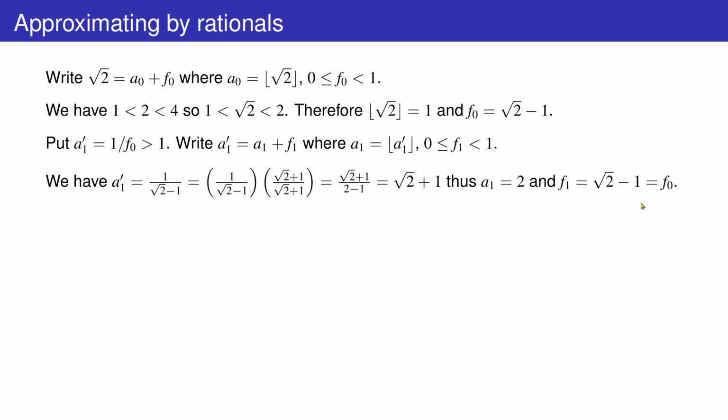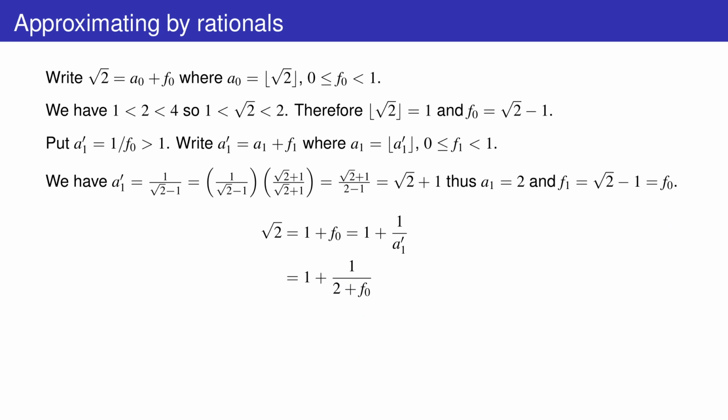Oh, that rings a bell. That's exactly the same value as we had before for the zeroth fractional part. That seems quite convenient, because now we can say the square root of 2 is integer part 1 plus fractional part f0. f0 can be thought of as 1 over a1 prime, which we can decompose as 2, this integer part, plus this fractional part f1, which turns out to be exactly the same as f0.